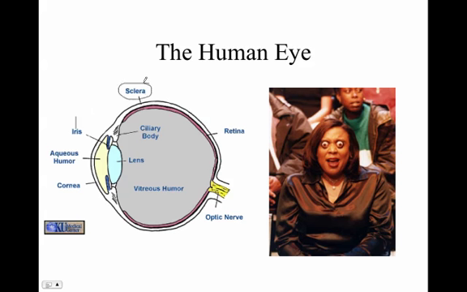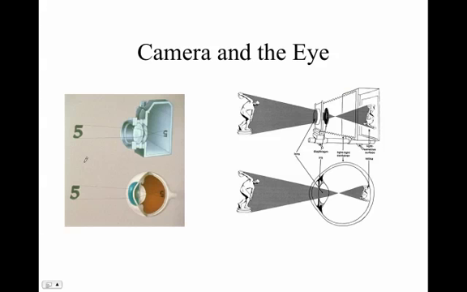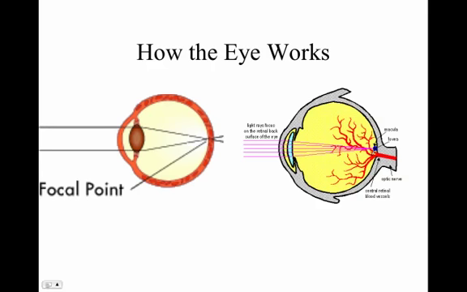Sclera is like the hard part of a camera. Retina is like the film of a camera. We have an eyelid, that's like the lens cap, I guess, of a camera. Here it is again: lens, diaphragm, iris, sclera, and then retina.